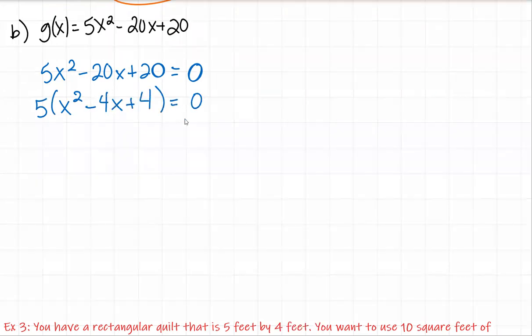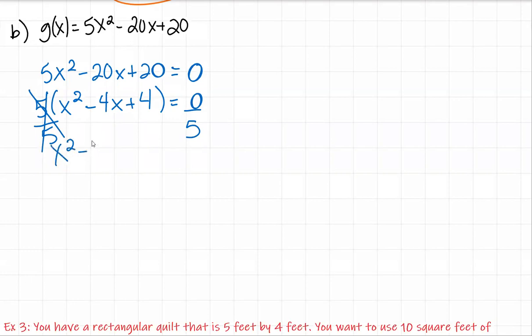And now, if I think this 5 is ugly, I have another side of the equation. When I have two sides of an equation, since this is 5 times this quantity, I can divide by 5 on both sides. And now this 5 is non-existent. 0 divided by 5 is 0.